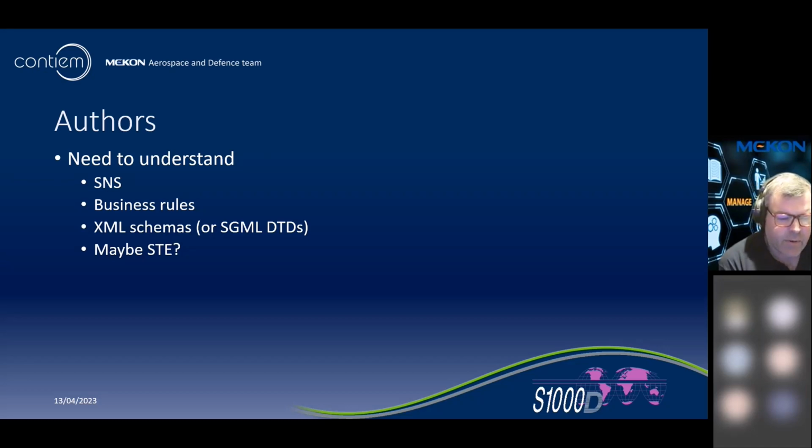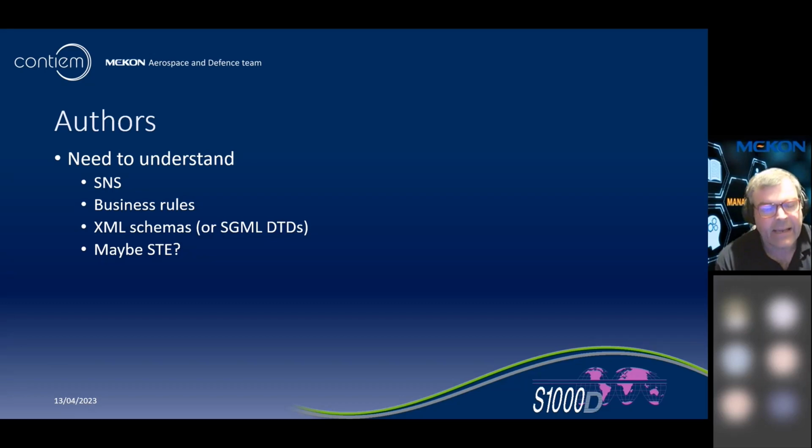I mentioned briefly at the bottom there STE. STE is Simplified Technical English. A lot of S1000D projects call for Simplified Technical English, and it's a way of using the English language so that even if English isn't your first or even your second language, it presents a reduced vocabulary and a reduced dictionary that is therefore easy to learn and removes any ambiguity in the way that information is presented and the tasks are described.